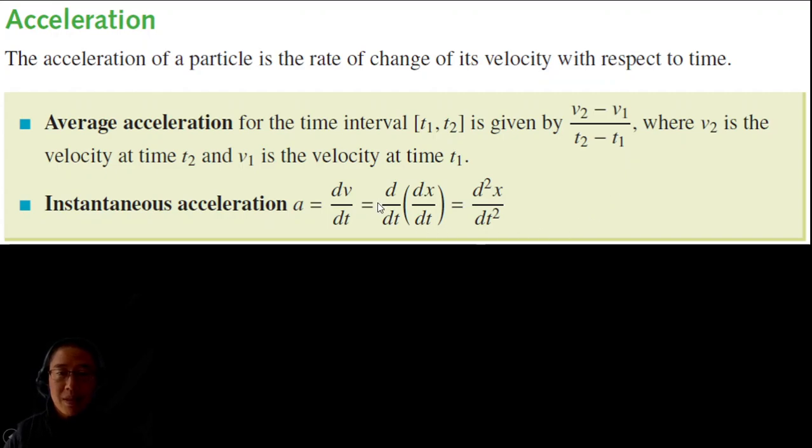And with the instantaneous acceleration, either you differentiate your velocity once, or you go from your position function and differentiate twice, as the derivative of your position in terms of time is your velocity.